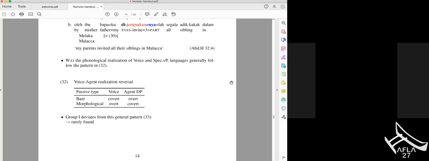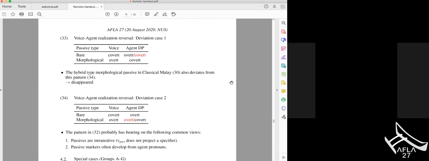Group I deviates from this general pattern, as in 33, and I claim that this is the reason why group I is rare. And the hybrid type of morphological passive in classical Malay also deviates from this pattern, as in 34. Because of this deviation, this hybrid pattern has disappeared.